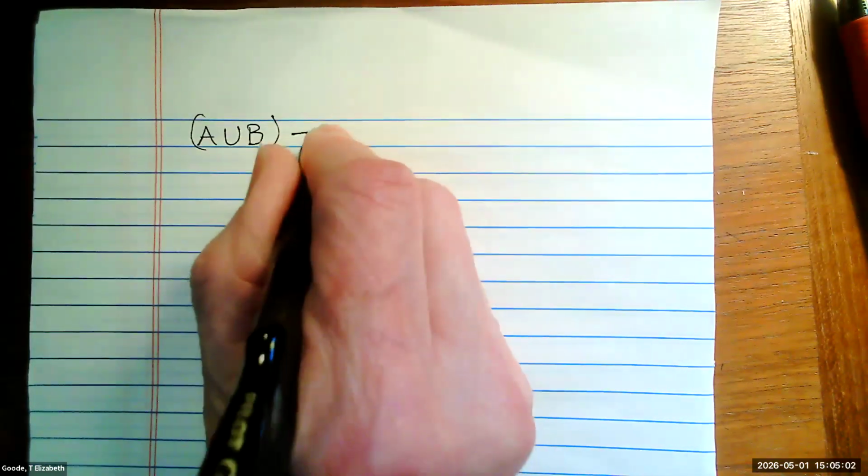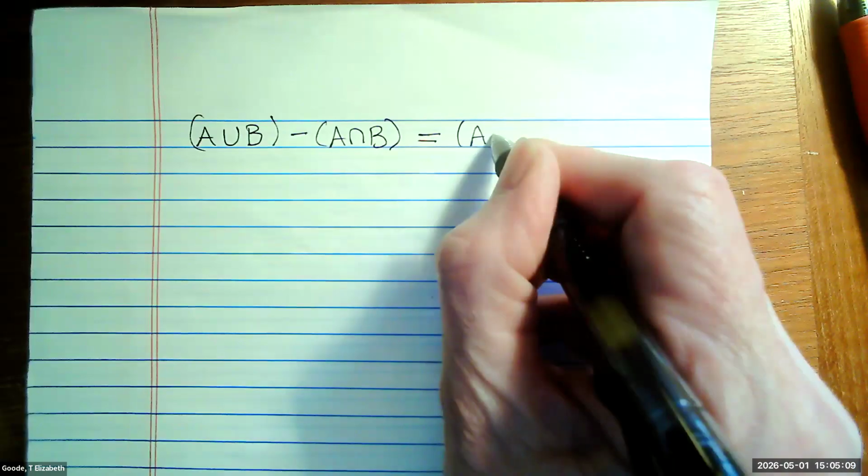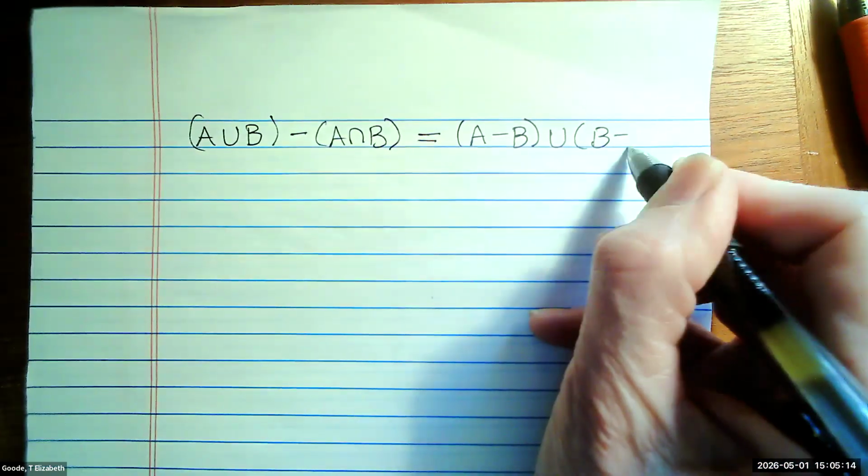Now, listen, it's not that I don't want to work more proofs for you. It's just that if I work them all, then it leaves you with nothing to do. However, if you were going to try to prove this, you're looking at A union B quantity minus A intersect B, and you're supposed to prove that that's equal to A minus B union B minus A, correct?